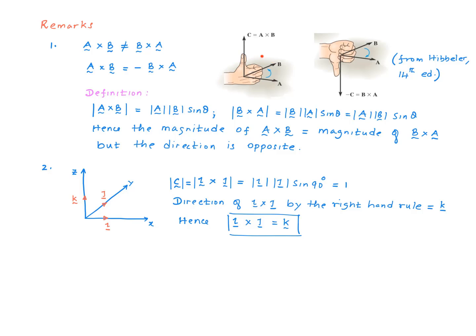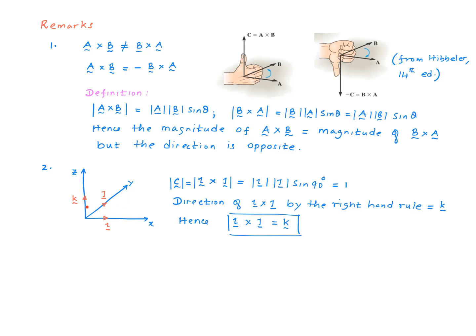Well, we go back to the right-hand rule. The right-hand rule says that the direction of i cross j is given by the thumb when we hold the fingers going from i to j, right? So I come back to this Cartesian system. This is i, this is j. So we hold the fingers like this, going in the counterclockwise direction like that.